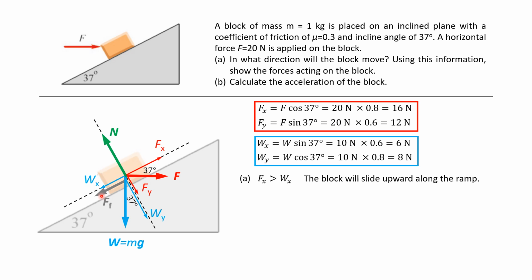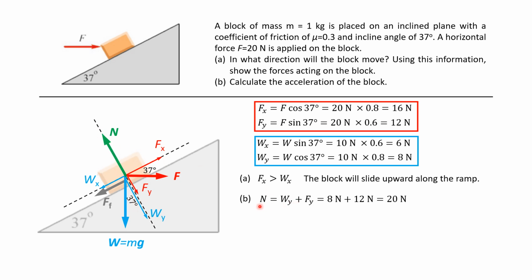Now we ask ourselves a question. Is the block moving along the y direction? No, along the y direction, the block is stationary. So the normal force has to be equal to W sub y plus F sub y, because there is no motion along the y direction.